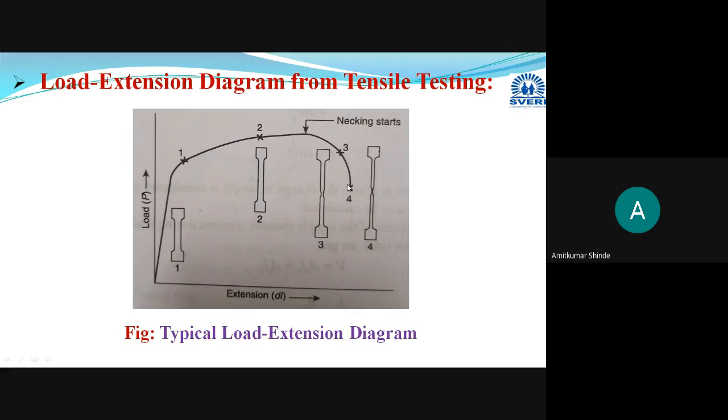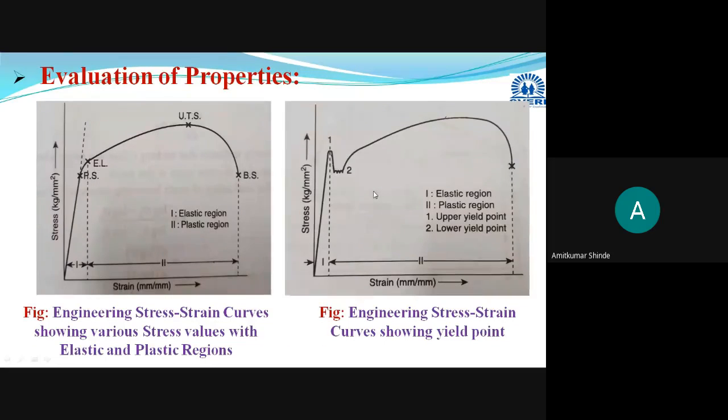At point number 4, this is termed as the breaking stress or fracture stress also. The component will break at this particular amount of stress, and ultimate tensile strength is the maximum amount of stress that component can sustain.